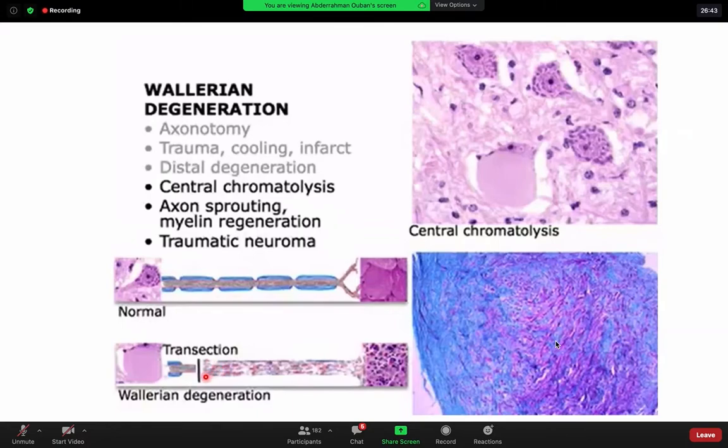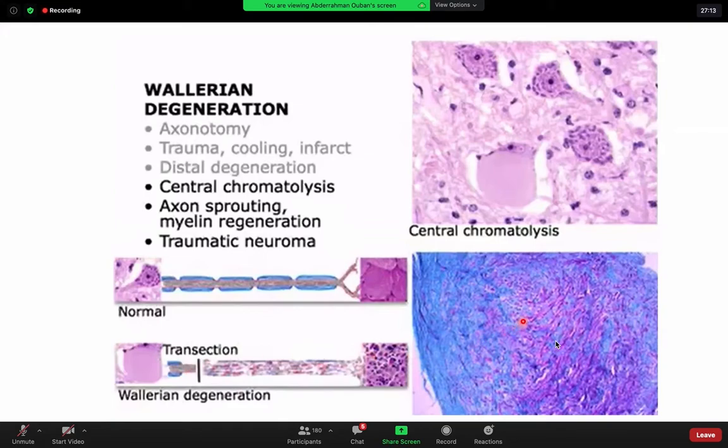But if the fibrous scaffold is destroyed, so if this actually becomes destroyed, the fibrous scaffold that is surrounding this nerve fiber, the end result is that the regenerating neural fibers are going to become haphazardly arranged, resulting in the formation of what is known as a traumatic neuroma.